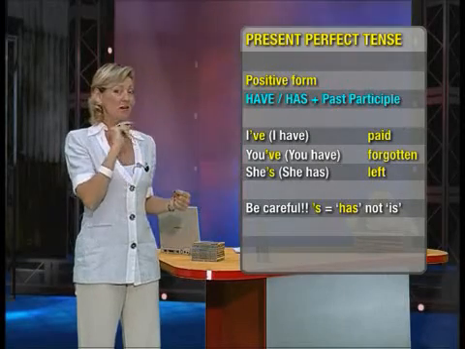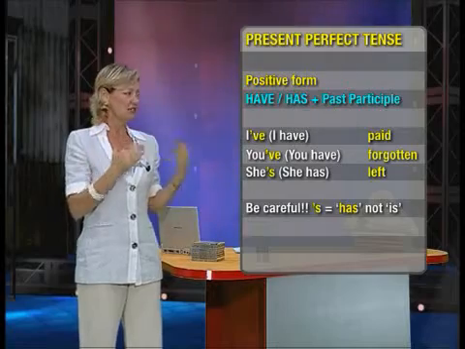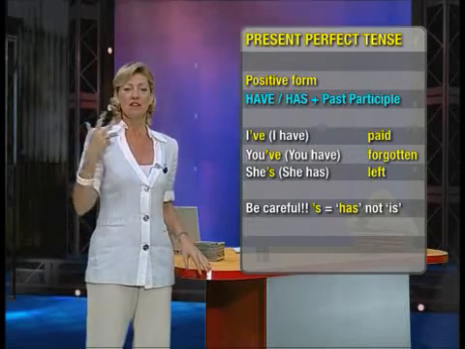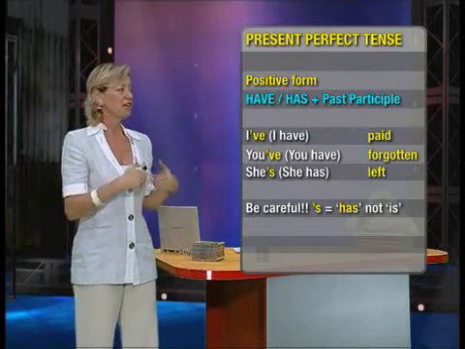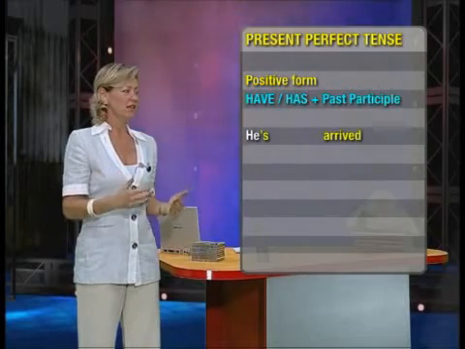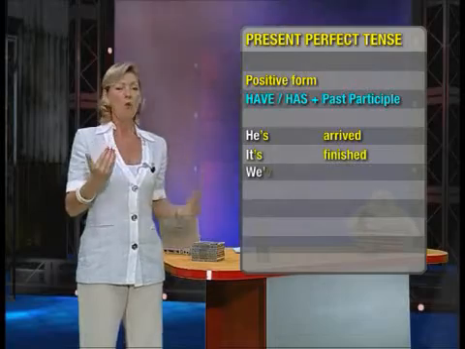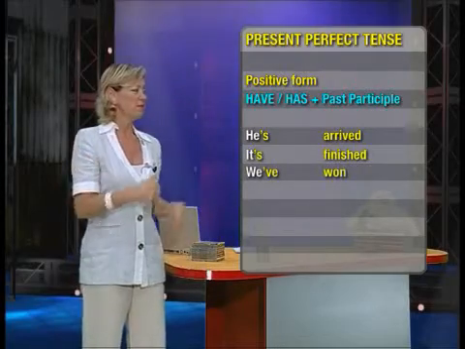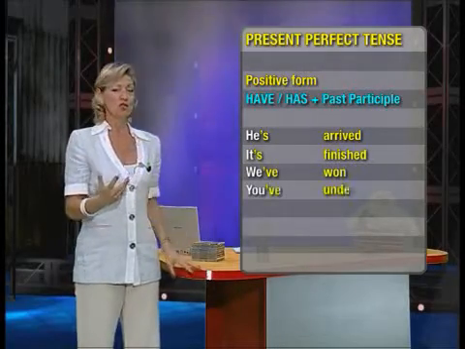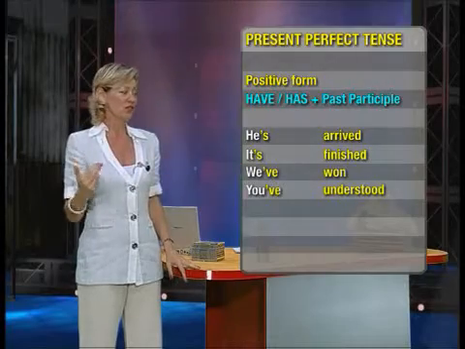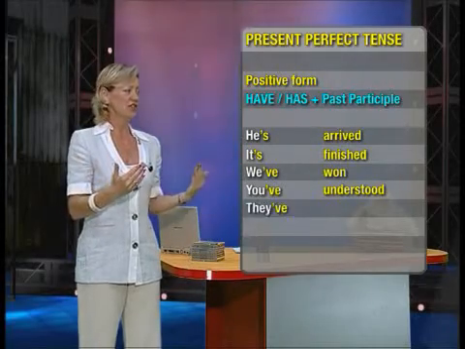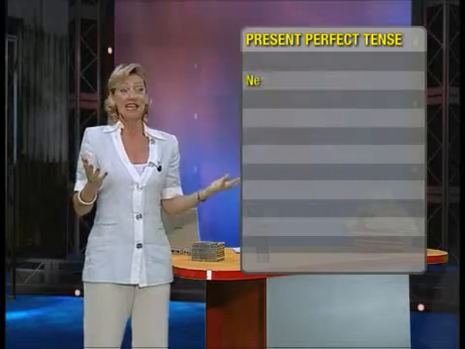It's not the verb is, it's has. She's left. Leave, left, left. Okay? He's arrived. It's finished. Contraction always. We've won. Win, won, won. You've understood. Understand, understood, understood. And they've changed.